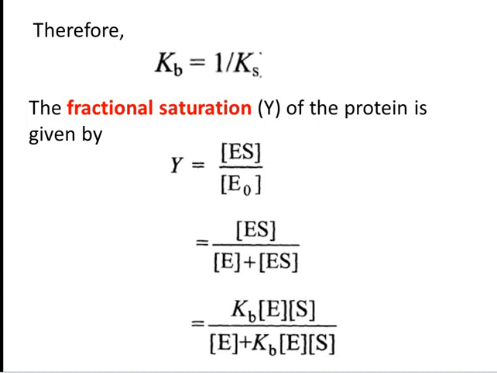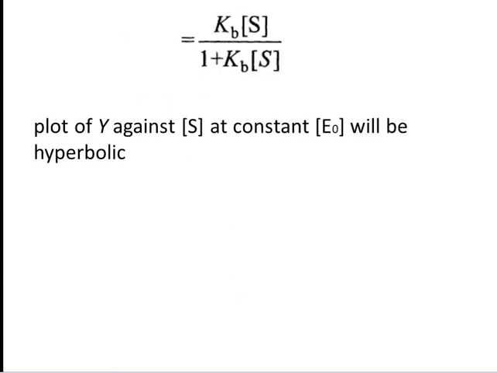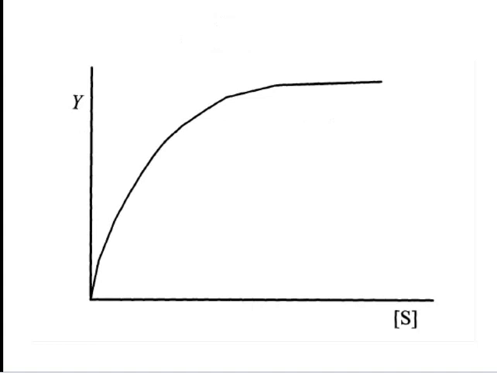Now by putting in the value of the concentration of ES from the earlier equation, we get Kb times the concentration of E times the concentration of S divided by the concentration of E plus Kb times the concentration of E times the concentration of S. After solving this equation, we get Kb times the concentration of S divided by 1 plus Kb times the concentration of S. The plot of Y against S at a constant E0 will be hyperbolic.